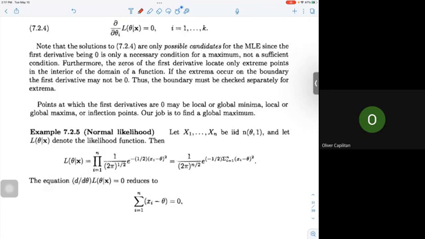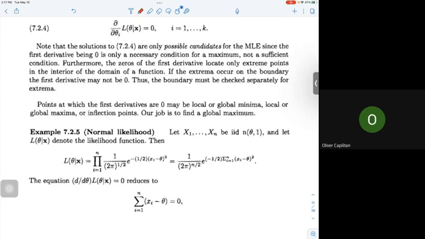So points at which the first derivative is 0 may be local or global minima, local or global maxima, or inflection points. But our goal here is to be able to find the global maximum.